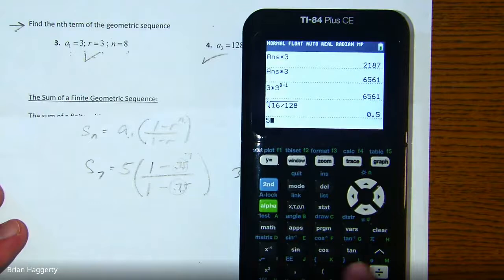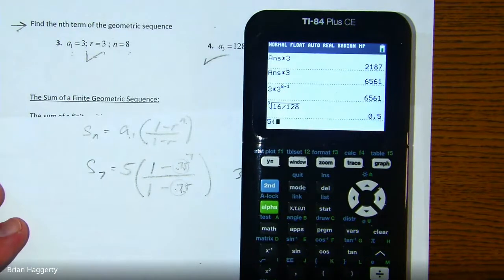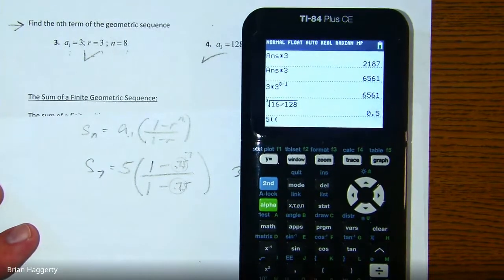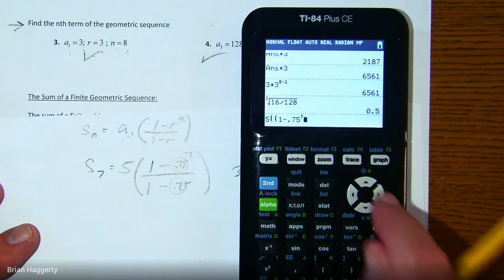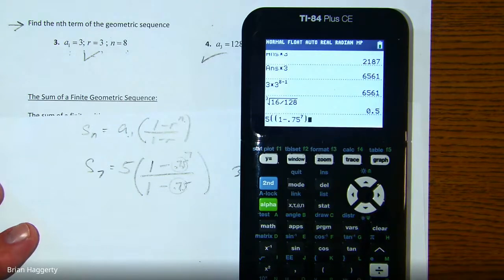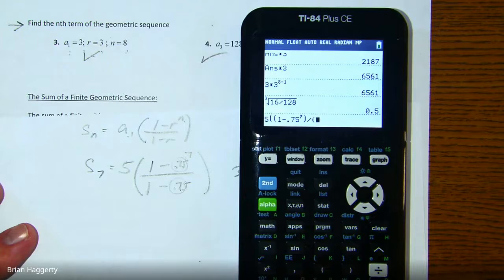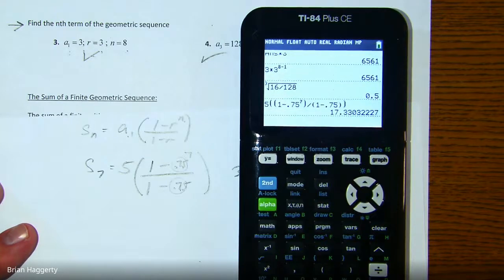Okay, so we got 5, open parentheses, then we're going to want open parentheses again for the top of the fraction. 1 minus 0.75 raised to the 7th power. And then we're closing parentheses for the top of the fraction, divided by new set of parentheses for the bottom of the fraction. 1 minus 0.75, close for the bottom, close for the whole thing.